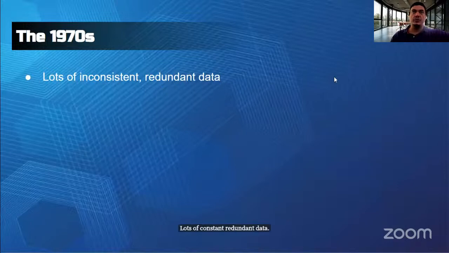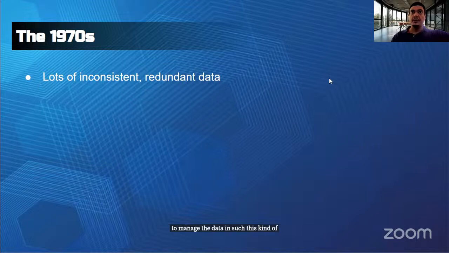It's hard to manage the data inside this kind of database because you can have many copies of the same data. And when you have two or more copies and you update one of them, the other copies aren't updated. They're outdated and become inconsistent.